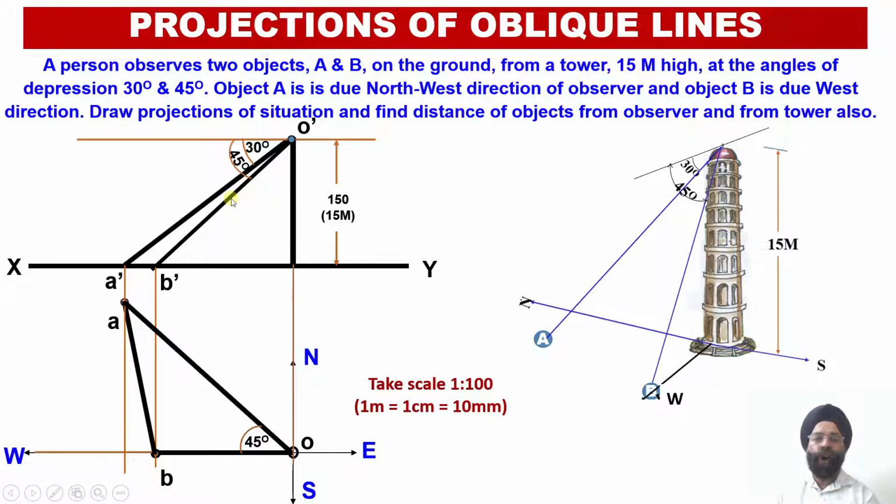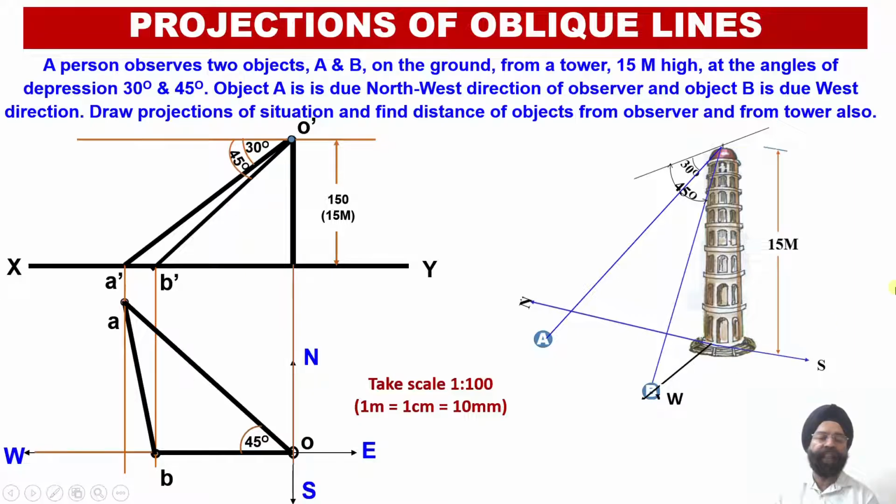Now our job is to evaluate the true length of the distances OA as well as OB, which are going to join the observer with point A and point B respectively.